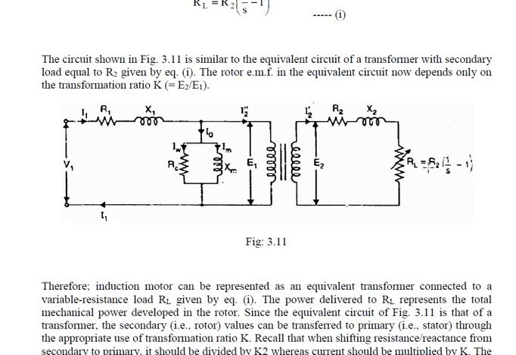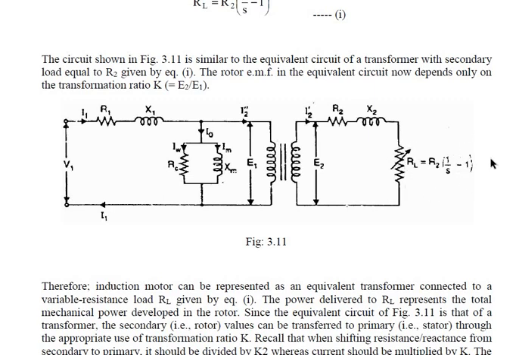So load resistance RL is given by R2 into (1/S minus 1). We know that in a transformer there is no mechanical load. So this variable resistance RL stands for the mechanical loading of the induction machine.